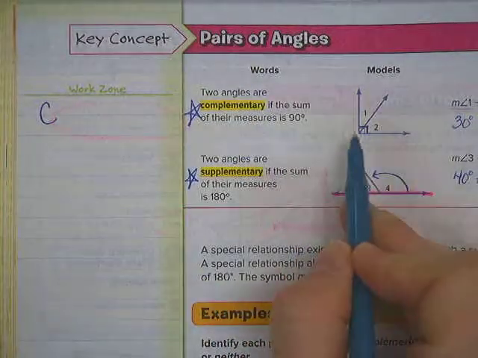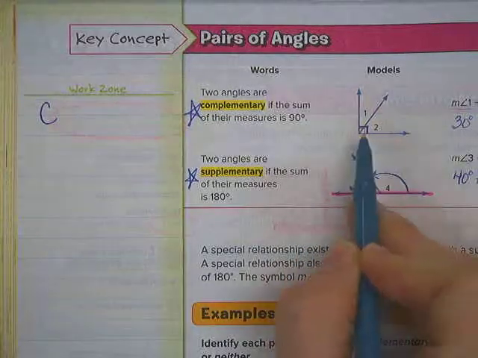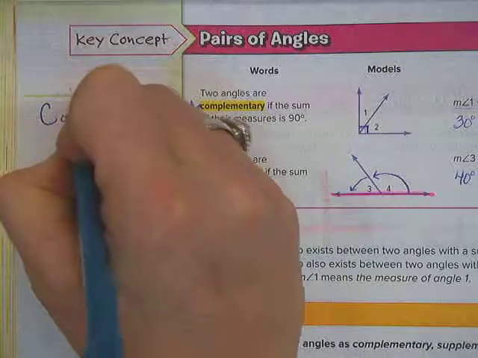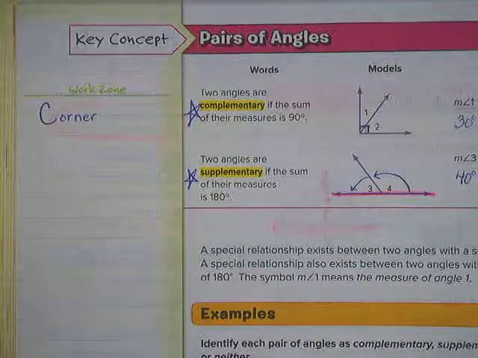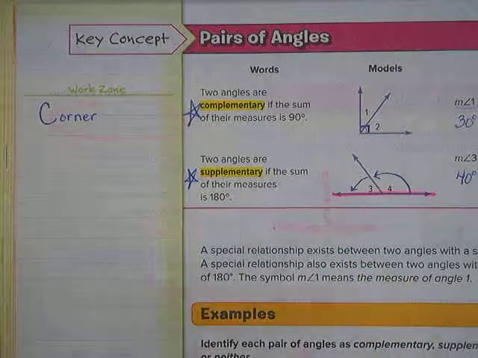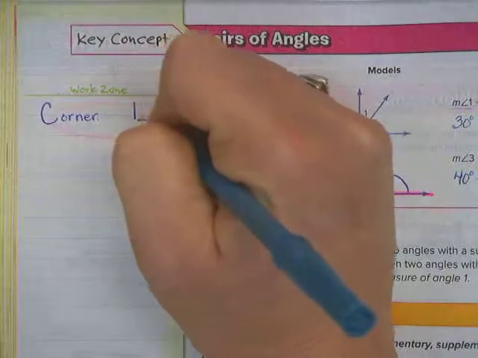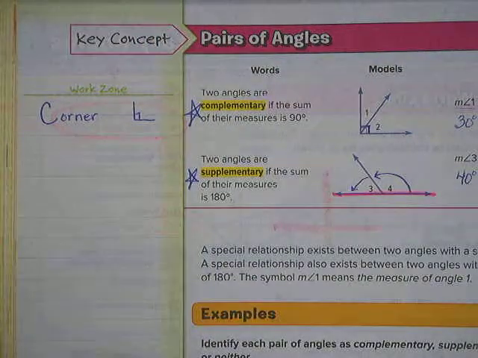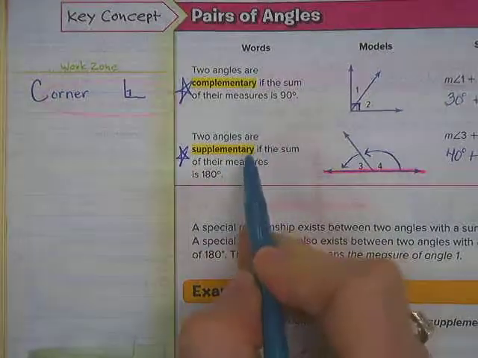And if you look at this picture, doesn't this look like the corner of a room? So C for complementary, some kids realize that that looks like a corner. And if they realize a corner, they realize 90 degrees.